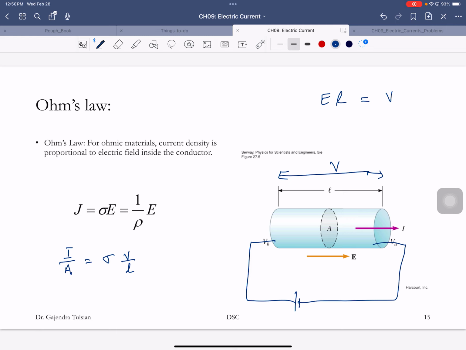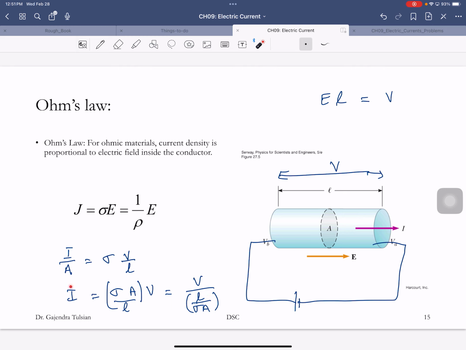So I is sigma A over L times V. The current in the wire is written in terms of the voltage across the wire times this quantity.